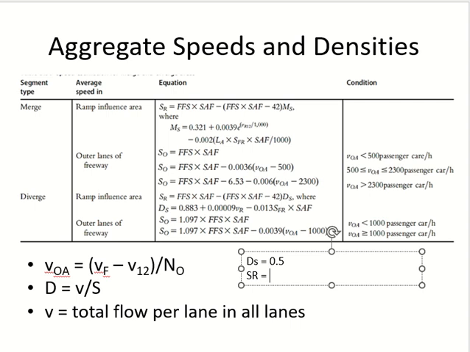What density? Not density, DS. This value you calculate. 56 miles per hour.